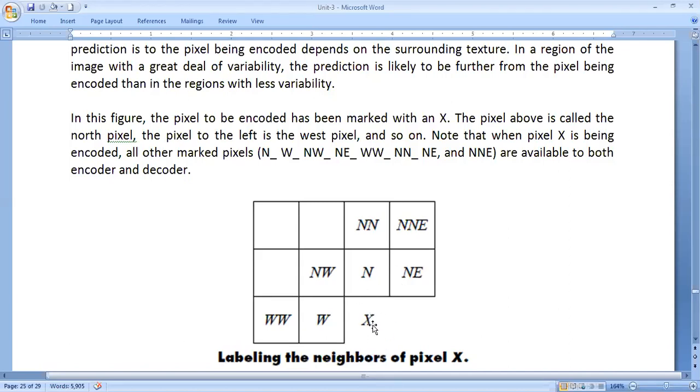So in this case we want to encode this X pixel, so we find these 7 values.